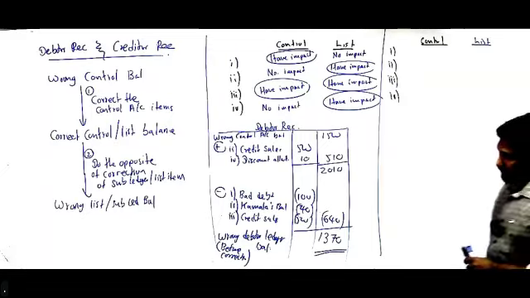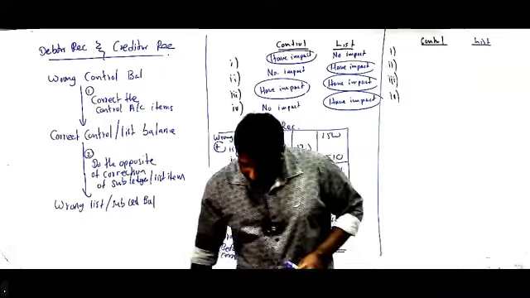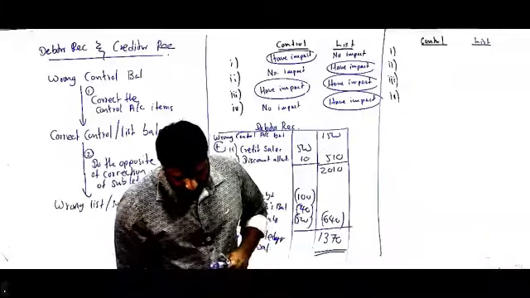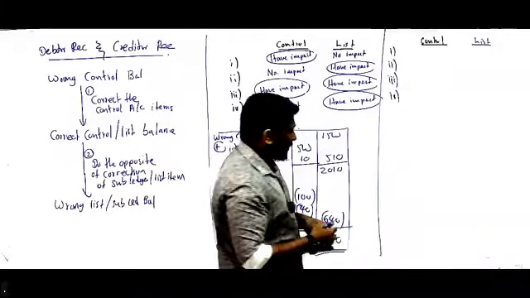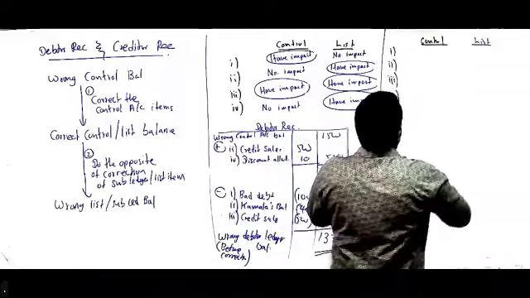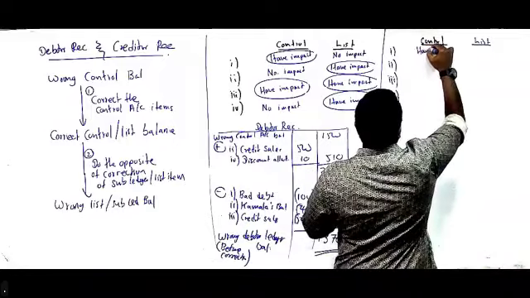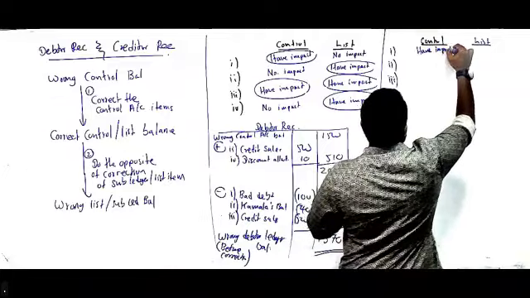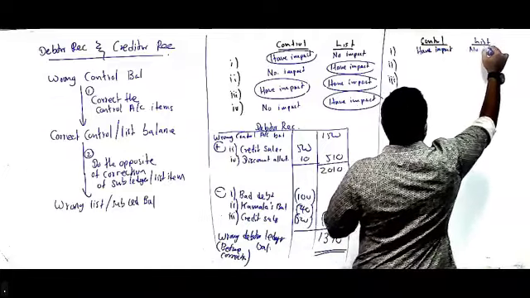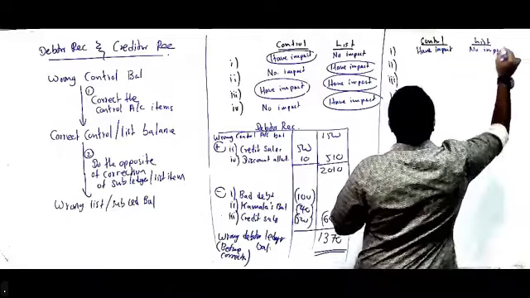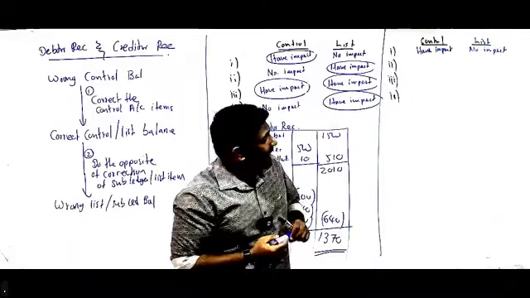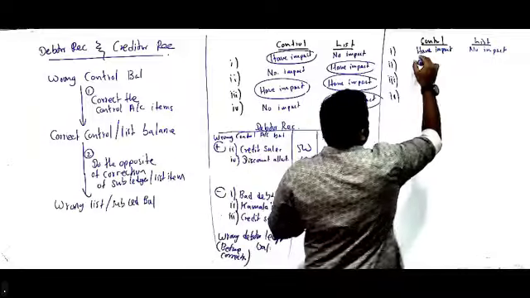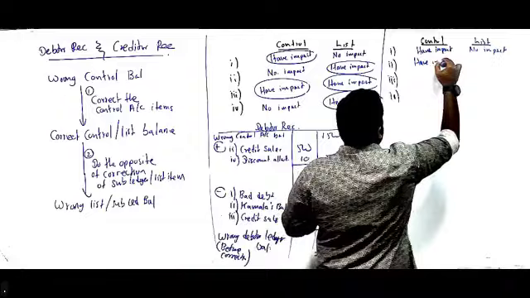Okay, fine. So first one, purchase return 10,000 recorded as 100,000 in the control account. So here have impact, list, no impact. Second one, completely omitted. Completely omitted means both the places have impact.